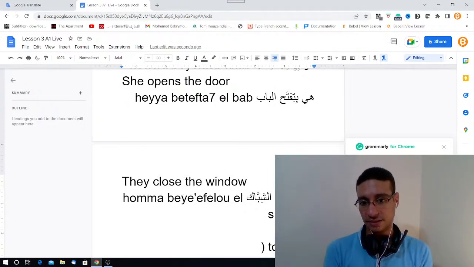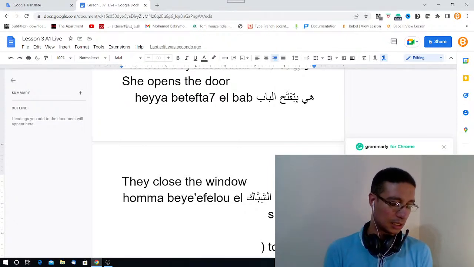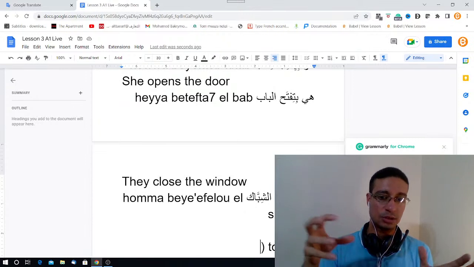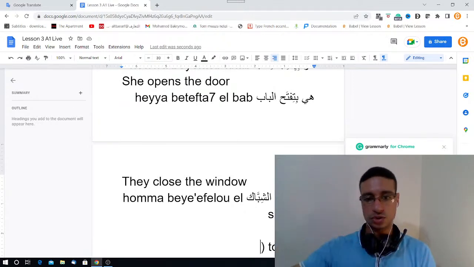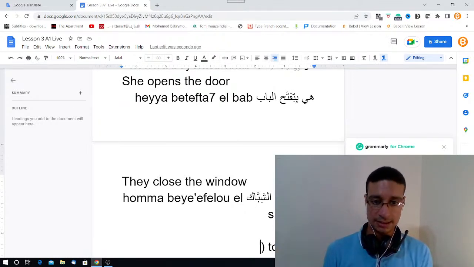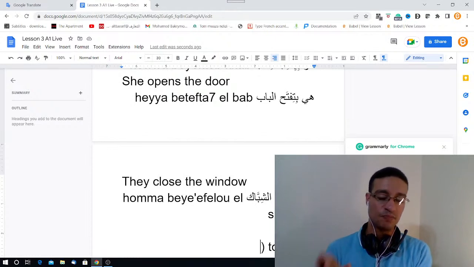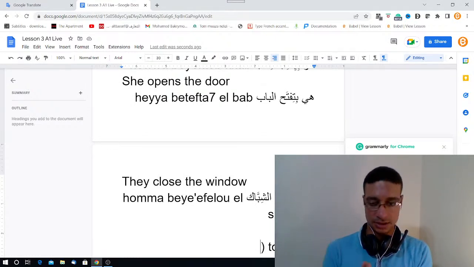This is the root of the verb, and from this root you can get not only verbs but also some words, but we will learn this later. So the root is the verb conjugated with هو, he, in the past tense. So here راح means he went.